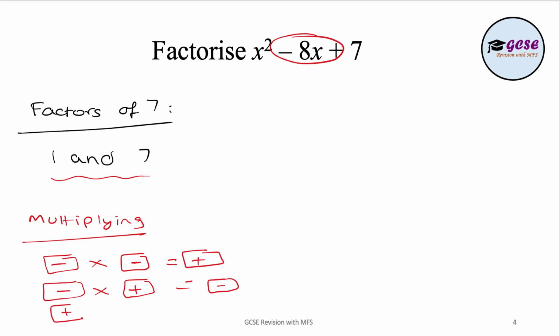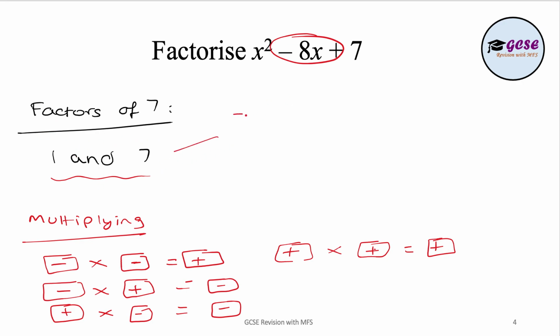A positive multiplied by a negative will get you a negative answer. And finally, a positive and a positive will get you a positive answer.